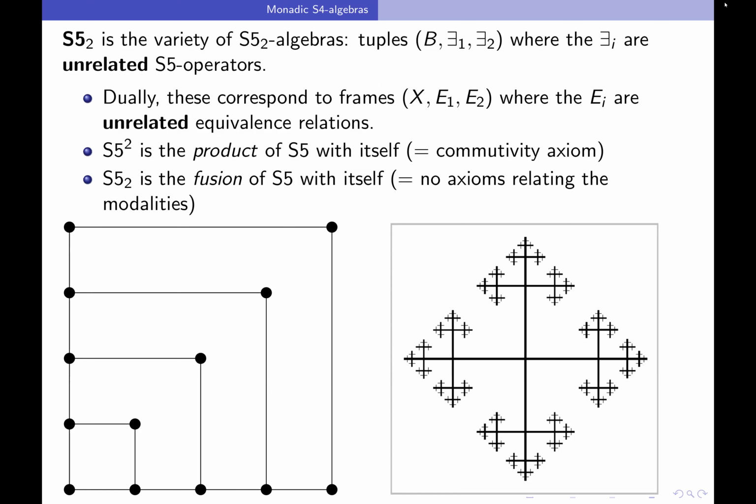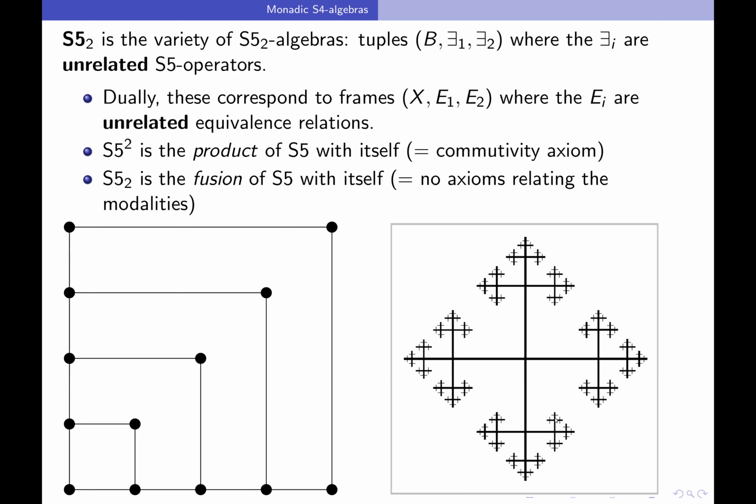So a similar sort of thing happens here when we have these two equivalence relations. They can interact in very, very complicated ways if you don't have any commutativity axiom at all. Logically, S5 squared would be the product of S5 with itself, where you have two S5 operators and you impose commutativity. And S5(2) is what we would call the fusion. Now we have two S5 operators and they have nothing to do with each other.